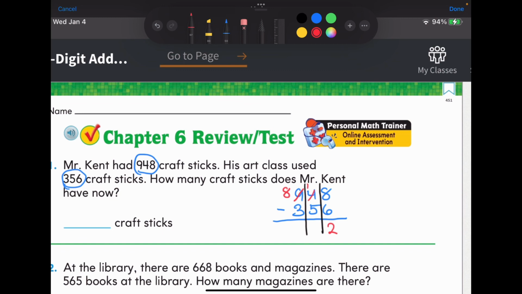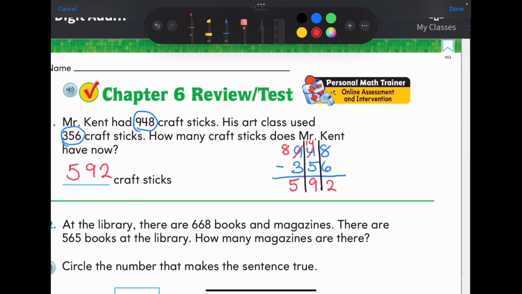And 4 gets 10 more. It becomes 14, just like we talked in our last chapter. So 14 minus 5 in the tens place is 9. And 8 minus 3 in the hundreds place is 5. So our answer is 592 craft sticks is how many sticks that Mr. Kent has now.